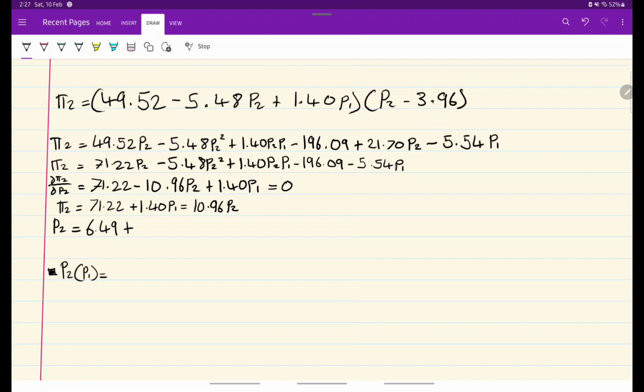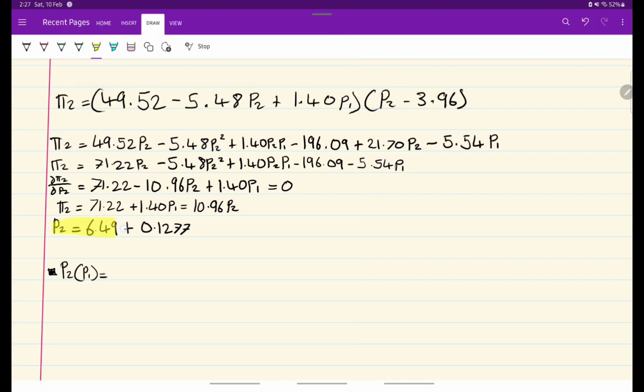6.49 plus 0.127. Add a 7 on there for good luck.